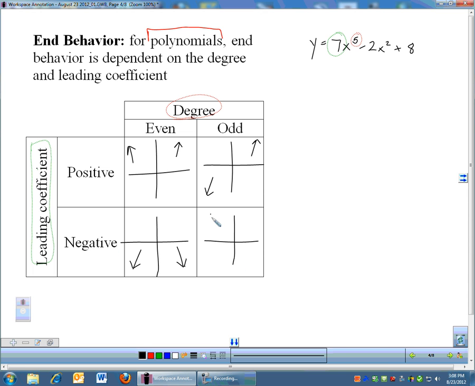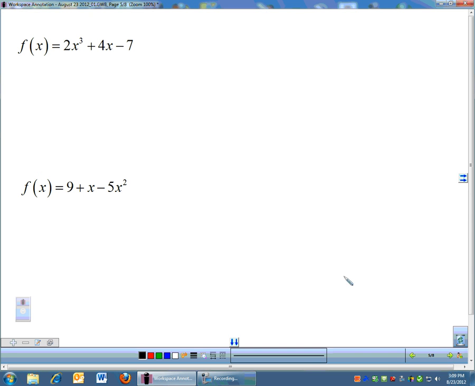With a negative coefficient, the left end will go up, the right end will go down. So those are the four cases, and it's all based on the leading coefficient, whether it's positive or negative, and the degree, whether it's even or odd. So here I have a couple of polynomials, and let's look at this one.